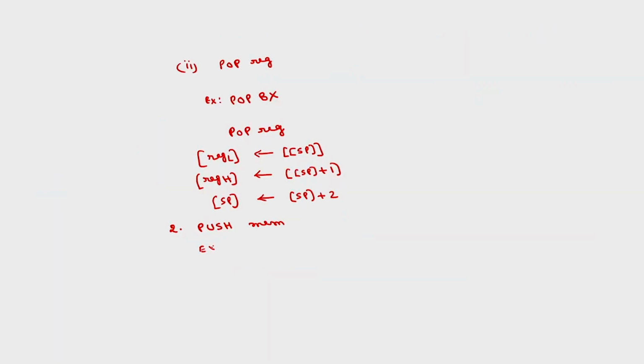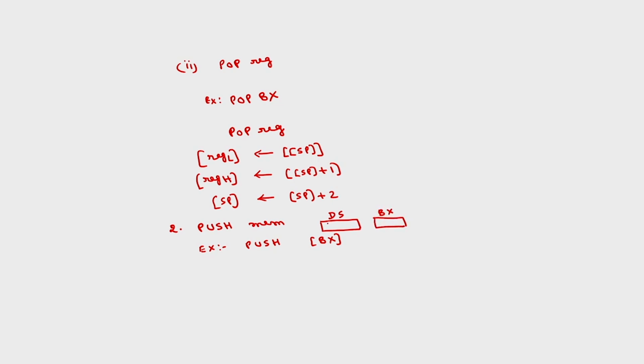If I write the same example, push simply BX. Suppose before this DS is, again in all memory computations, DS will by default be the segment register.